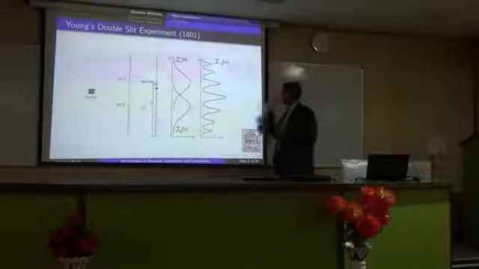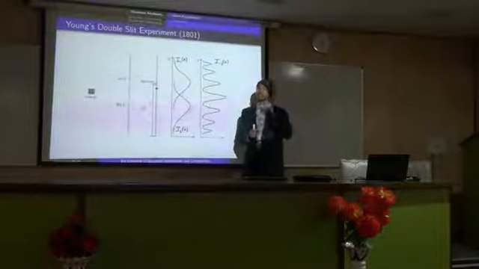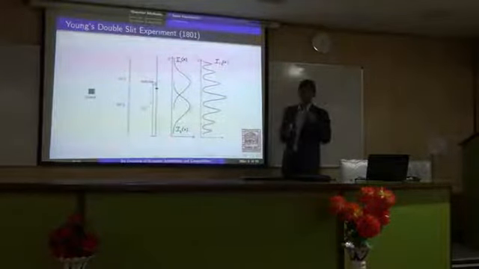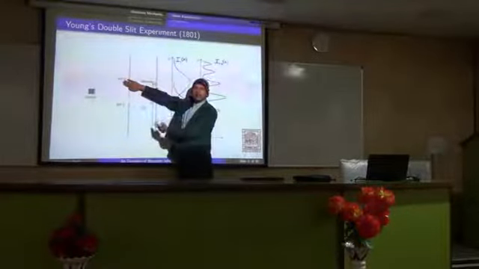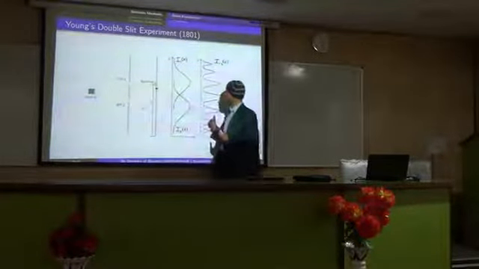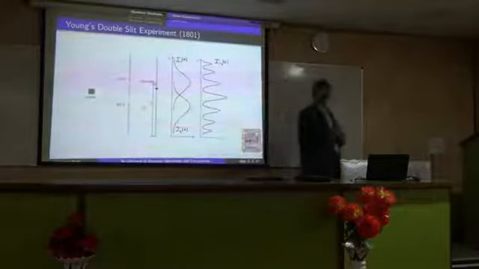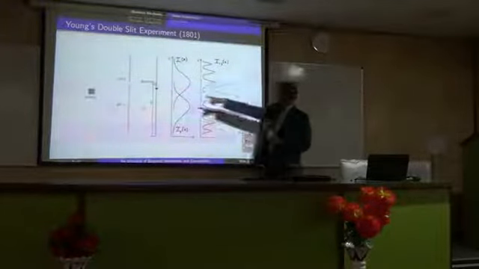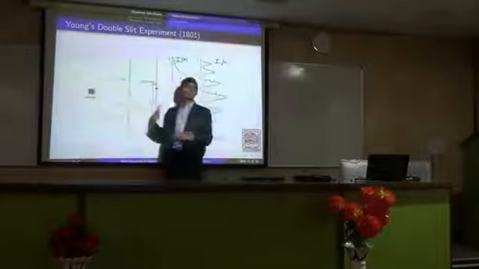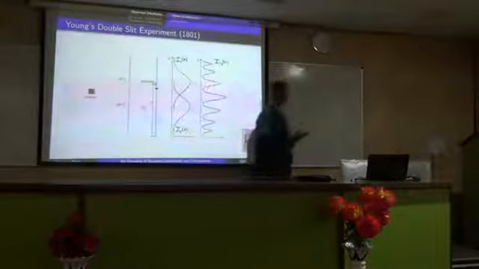At the same condition of the apparatus, at the same frequency of emission, at the same reduced intensity level, just shutting down one of the slits shows the particle nature, because it will hit here or here exactly. But keeping both open shows the wave nature. That is really counterintuitive, because under identical conditions, with no change to the source, I am not changing anything. I am just changing how it will go.